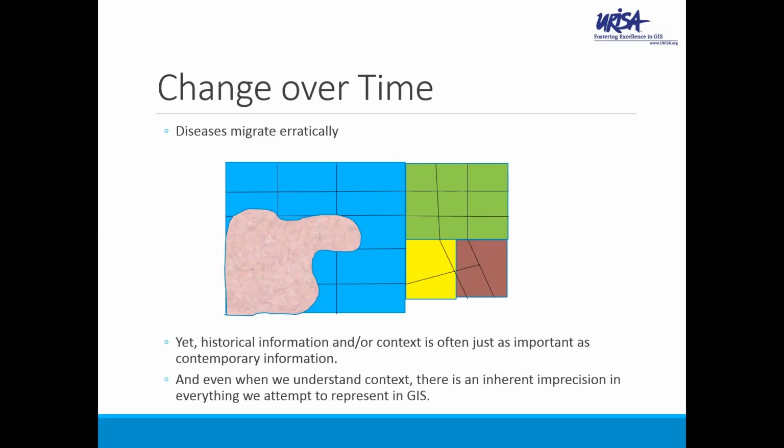And then even when we do understand these contexts, something that we have to recognize and account for and make sure that users understand is that there is imprecision in everything that we represent in a GIS.